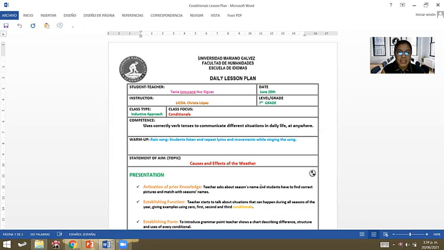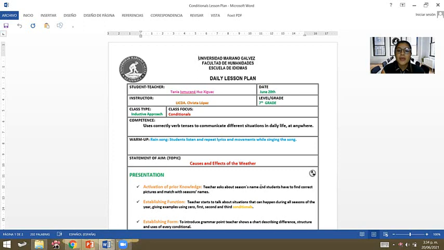That's the key. It could be any of those that I've mentioned, but it has to be meaningful. It can be related to a new topic, or it can be a review of a topic that the students have seen. We also have to take into account how we are going to present this context.